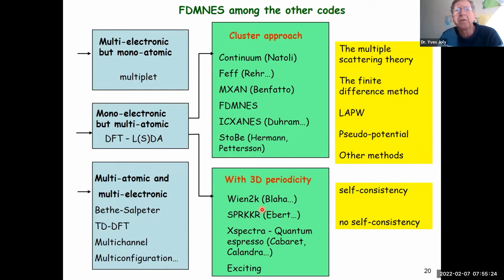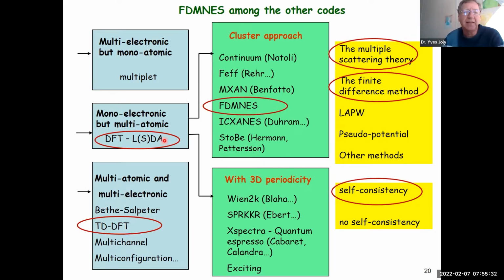So now FDMNES, the code, my code versus the other ones. FDMNES uses, as I said, DFT, time-dependent DFT, if you want to be a bit more precise for L23 edges. It uses multiple scattering theory, the finite difference method, and it's also self-consistent, which can be important.